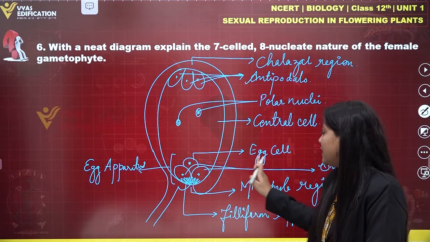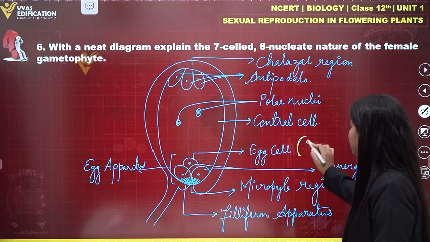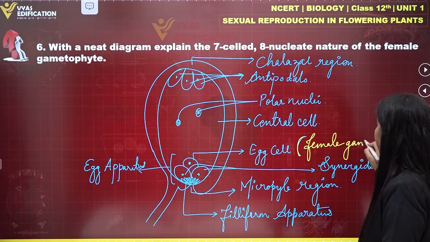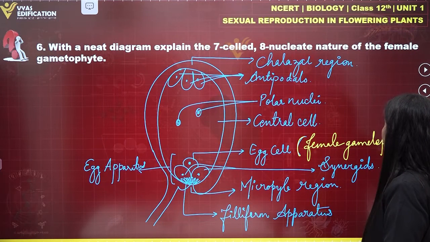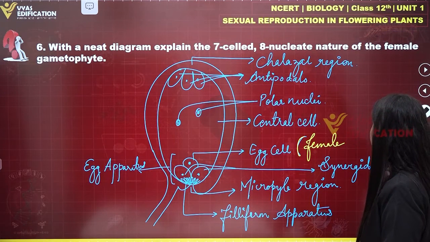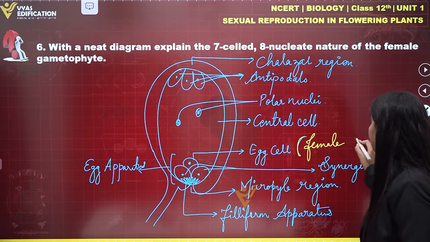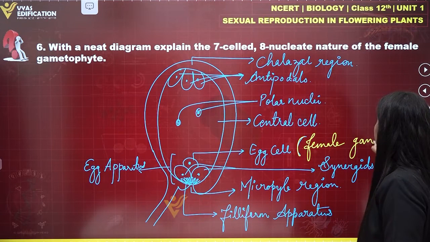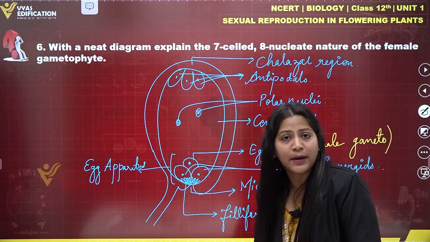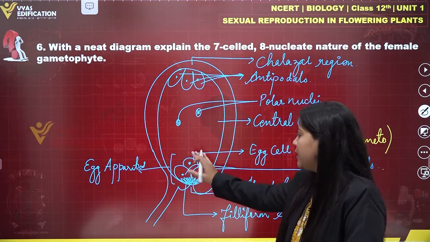This egg cell is the female gamete. The whole embryo sac is the female gametophyte. The egg cell, the female gamete, is going to fertilize with a male gamete to form a zygote.